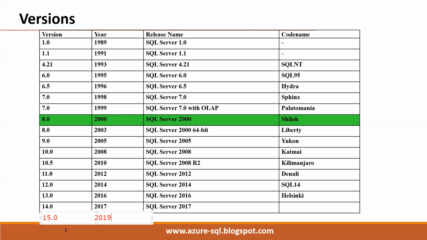If they say the application is compatible with 2019, then we can plan the upgrade to 2019. If they say the application is compatible only with 2016, then we go with 2016. It depends on the application.